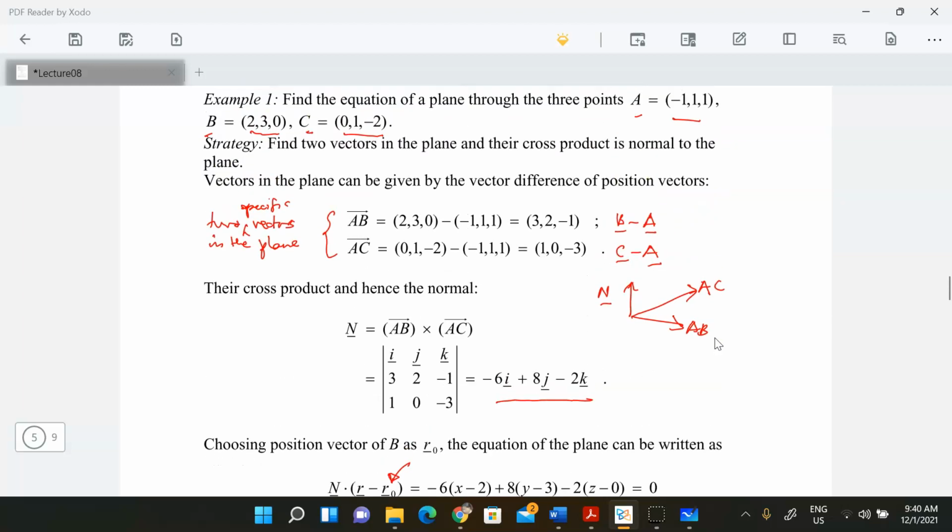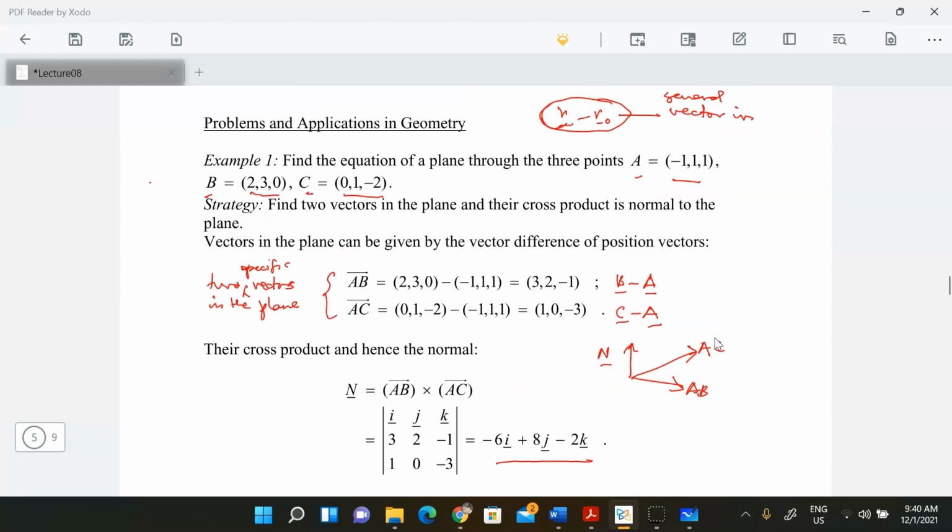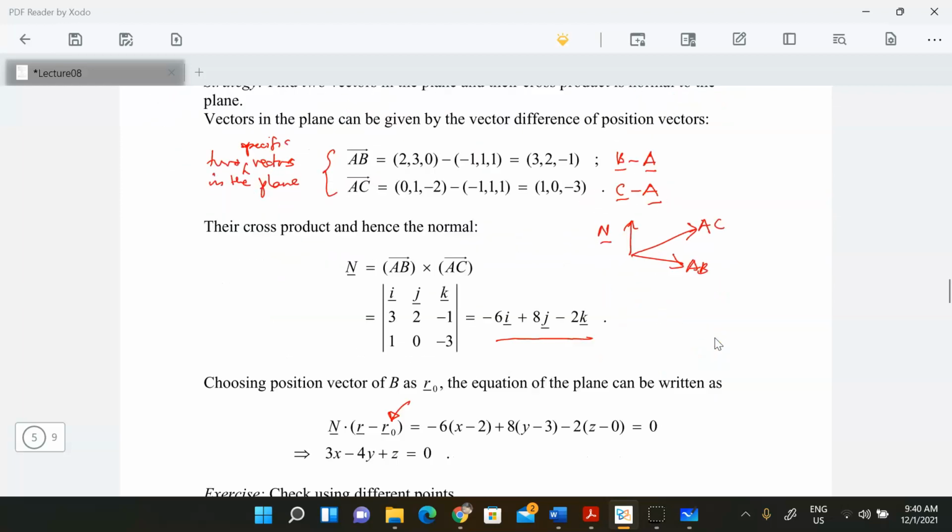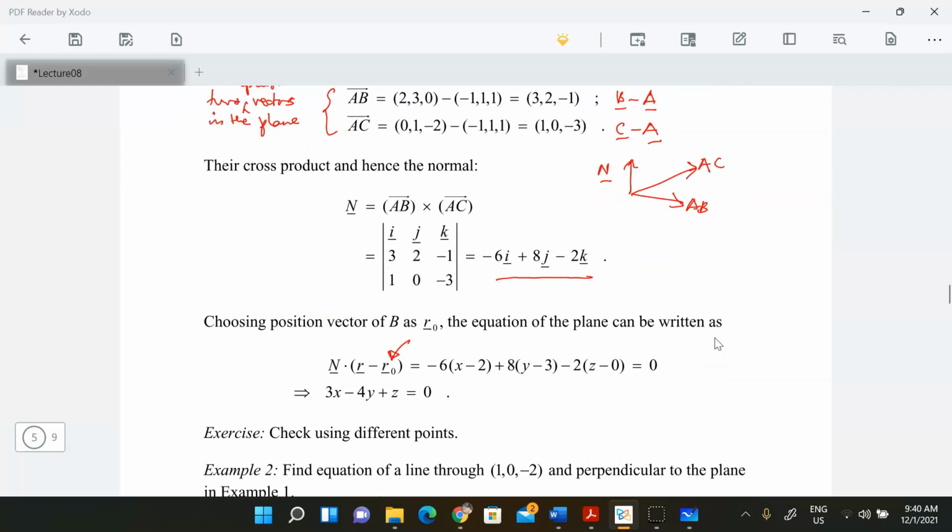In this example, I use B. Then I just put that in. So these are the coordinates of B, 2, 3, and 0. And your n is already given from here. And you can simplify this equation and reduce it to that.